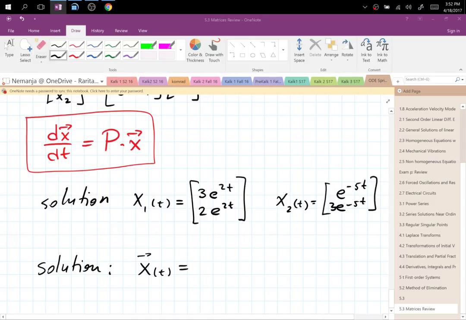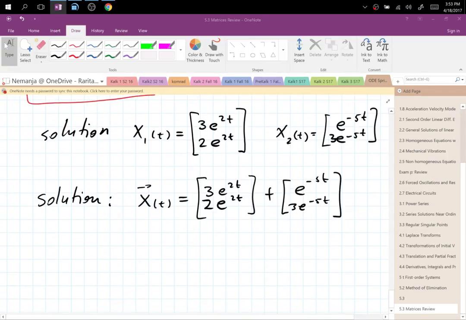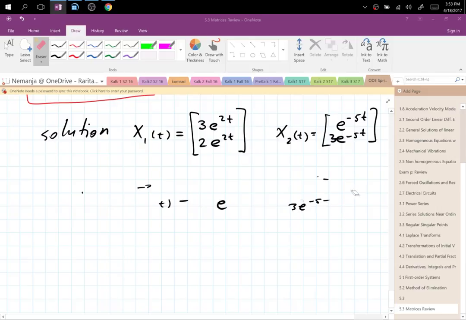Let's just add them. All right, so we'll deal with this later. I'll add this later when it's needed. Don't worry about it now.